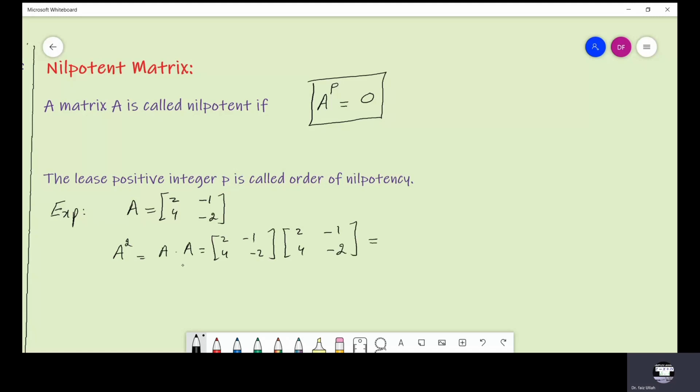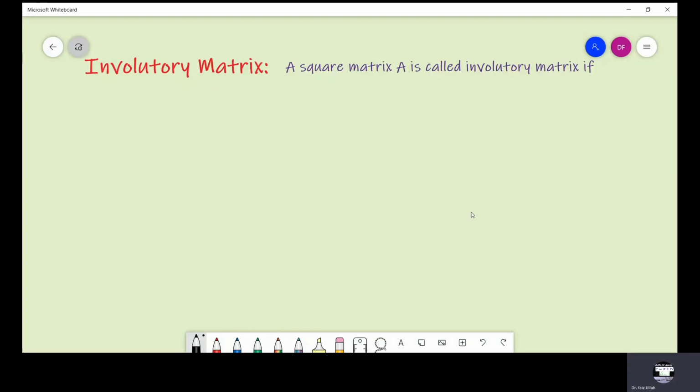If we multiply these two matrices, as a result, we get 0, 0, 0, 0, which is a 0 matrix. So A square is equal to a 0 matrix, and this implies that A is a nilpotent matrix with nilpotency index 2.